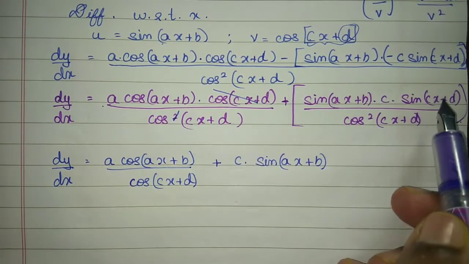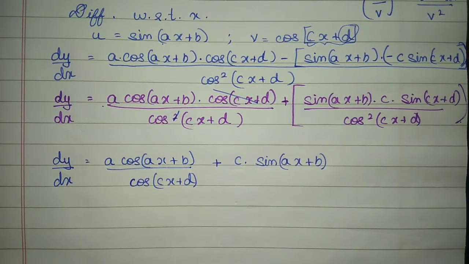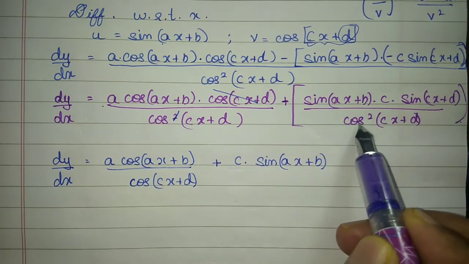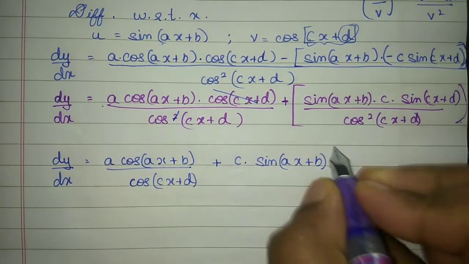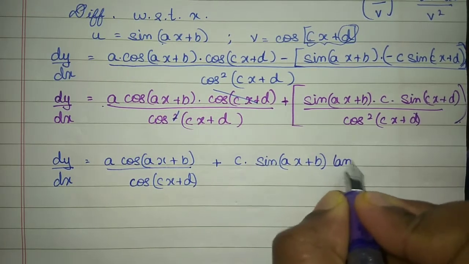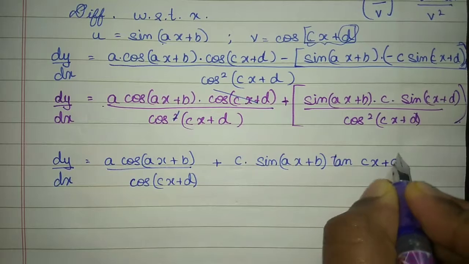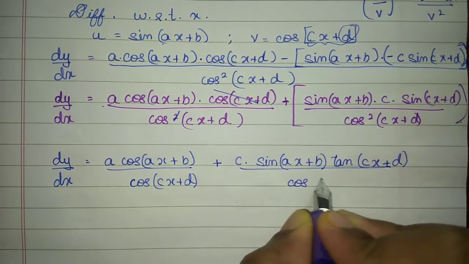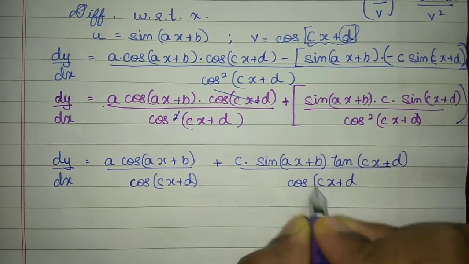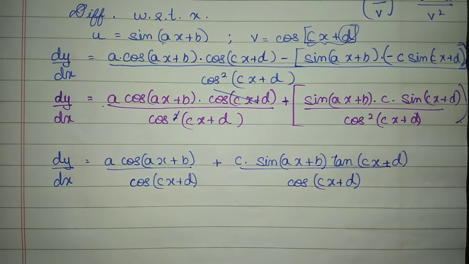I don't have cos cx plus d here. So what I can do is, sin cx plus d I have and cos cx plus d I have. So sin theta by cos theta is tan theta. So let me write it as tan cx plus d divided by cos cx plus d. We have 2 cos cx plus d, I am taking only one out.